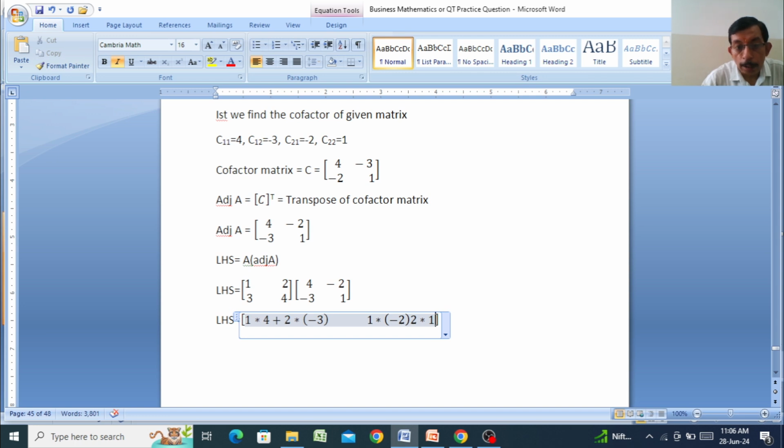Now we come to the second row in the first matrix. Then we multiply it by each column in the second matrix.